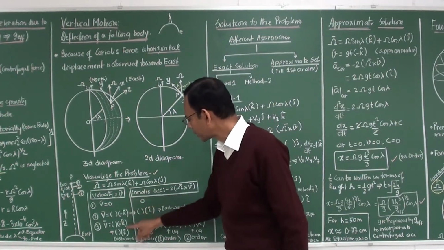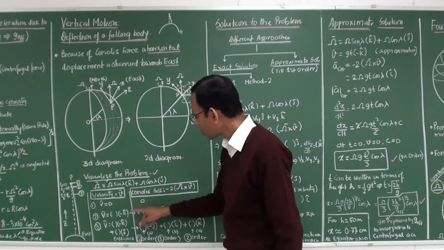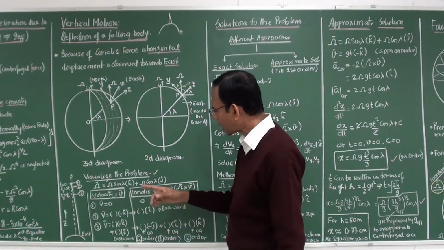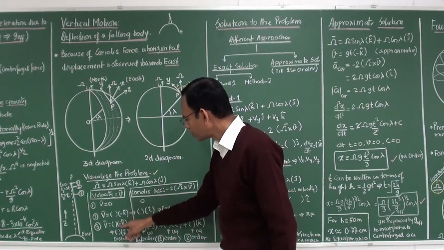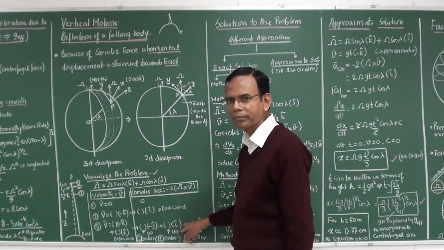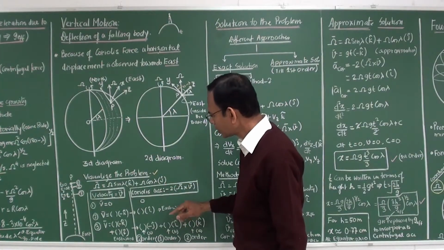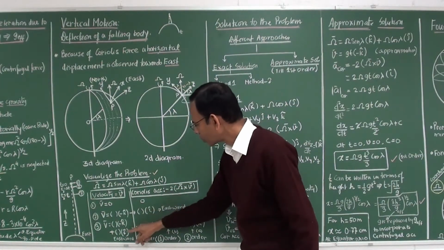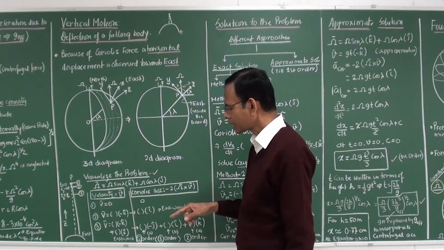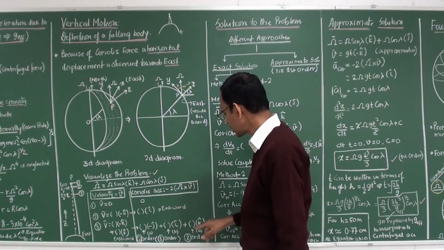Now with j: j cap cross k cap is i, and with the minus it gives plus i. Then j cap cross i cap is minus k cap, and with the minus sign it is plus k cap.